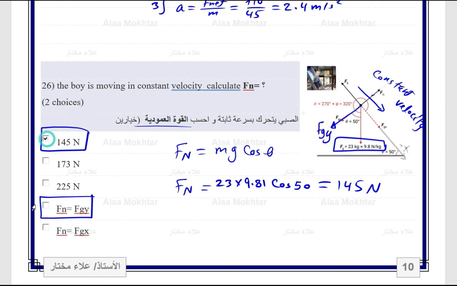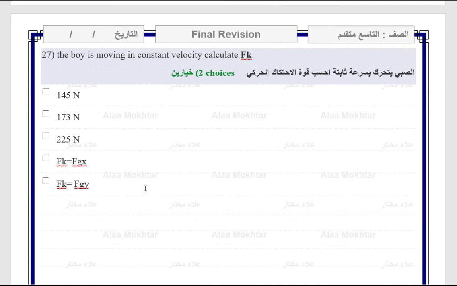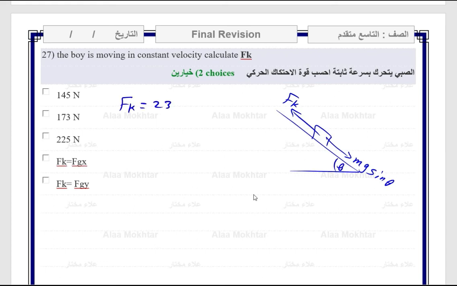The next, the boy is moving at constant velocity. Calculate Fk. Fk equals mg sine theta. In this case, Fk equals m is 23, g is 9.81, sine 50.